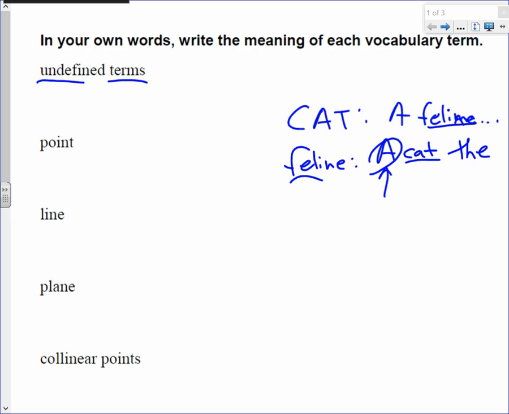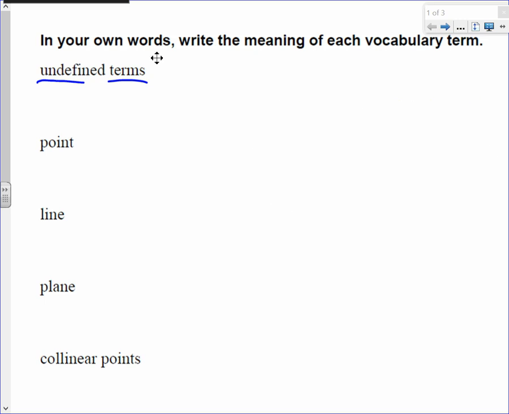My point here is we have to have a starting point to build everything else in geometry. And what I'm going to get into is, like I said, the individual Legos. These individual Legos are used to define everything else in geometry.